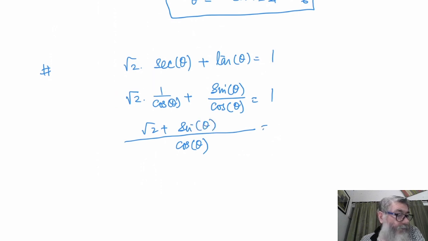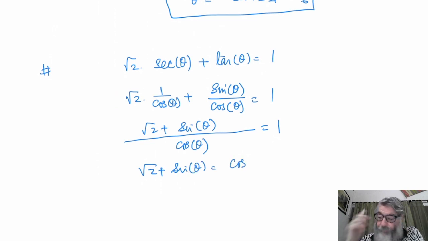So what are we going to do? We are going to cross multiply. Root 2 plus sine theta is equal to cos theta. Or what can we do? We can write cos theta minus sine theta is equal to root 2.